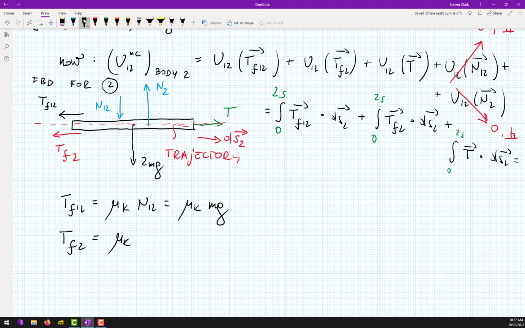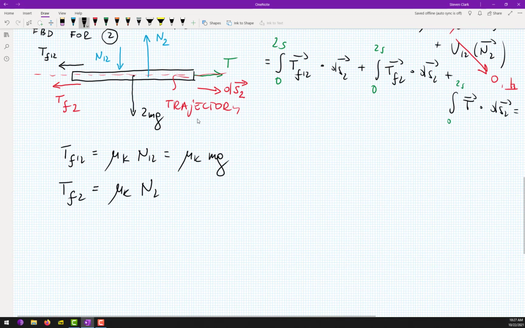The other one, this one. And we should find that force. If we sum forces along y, we will have N2 minus N12 minus 2mg.